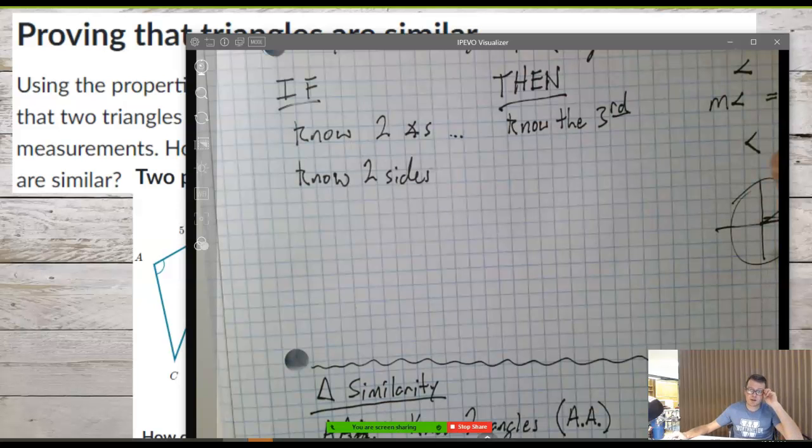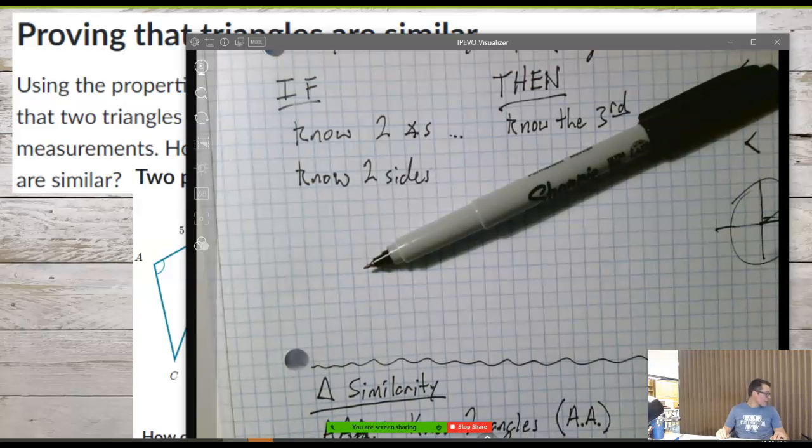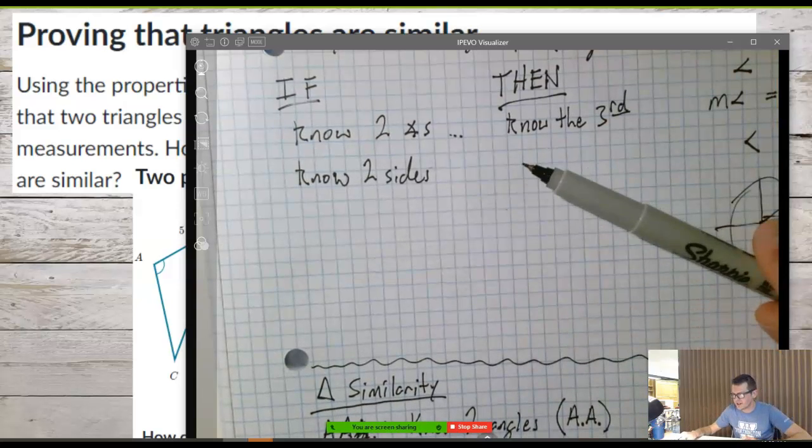If we think back to our triangle inequality theorem, there's a certain range that the third side can exist in. The side can be no longer than the sum of the 2 sides, and it can be no shorter than the difference between the 2 sides.